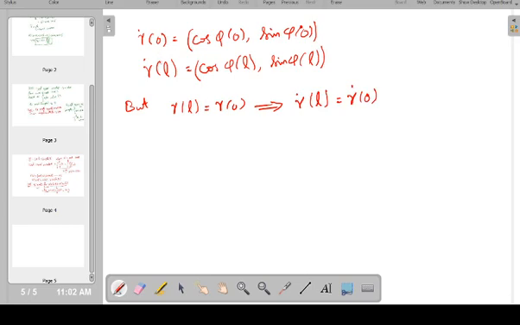So you can have these two equal. Thus, the right sides are equal. So cos phi L comma sin phi L is the same as cos phi 0 comma sin phi 0.